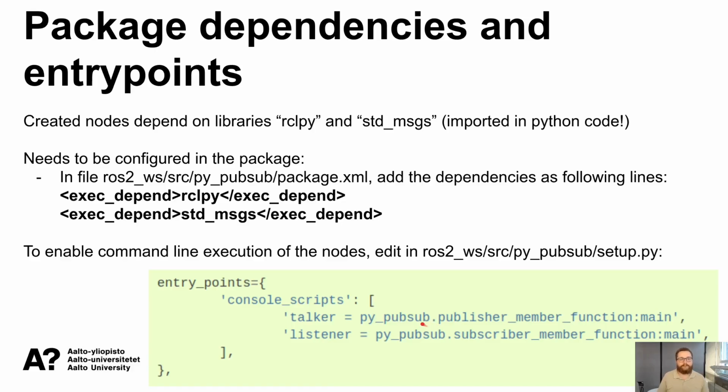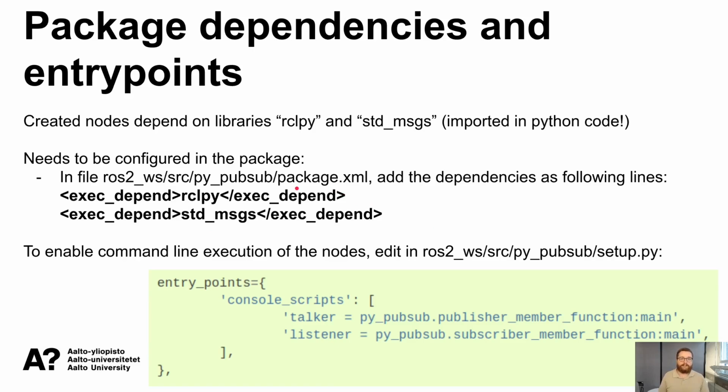So when it comes to the dependencies, as said, these created example nodes depend on the libraries rclpy and std_msgs. These are basically the things that are imported in the Python code. And now the things that need to be configured in the package to explicitly state that these are the dependencies: in the package.xml file that is included in the main folder of the package, you need to add these lines that define these dependencies.